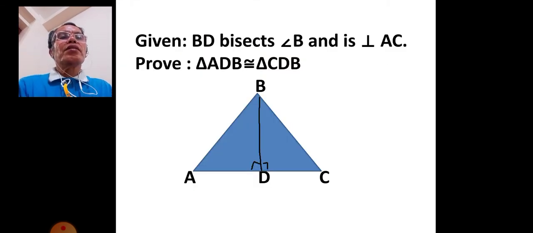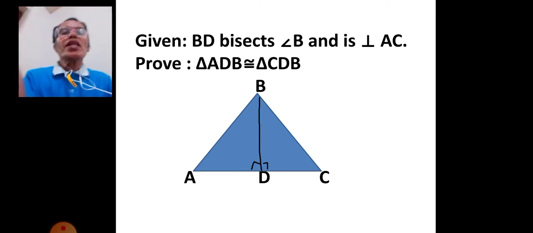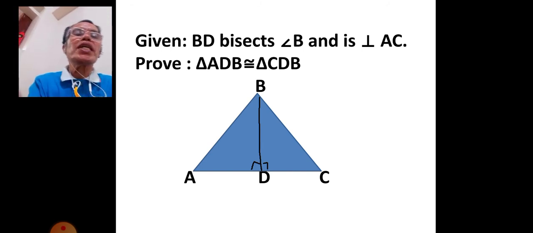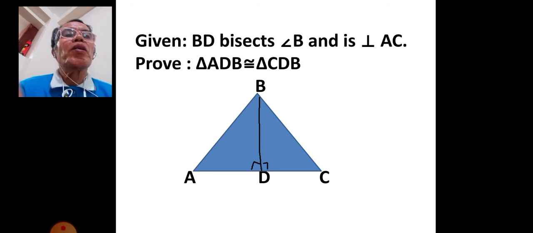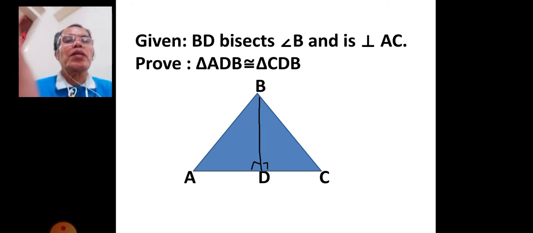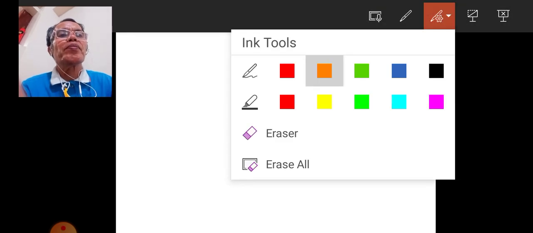Next, so we have BD bisect angle B and is perpendicular to AC. We are going to prove that triangle ADB is congruent to triangle CDB. So first, we are going to have a two-column proof. Statement, reason.